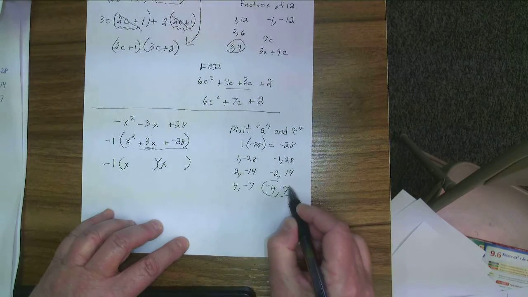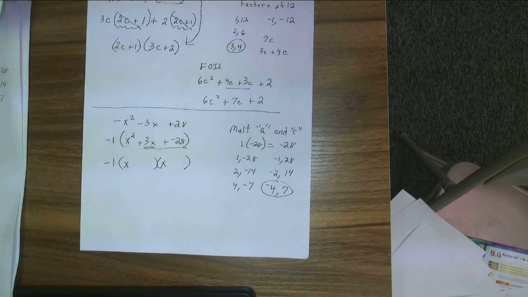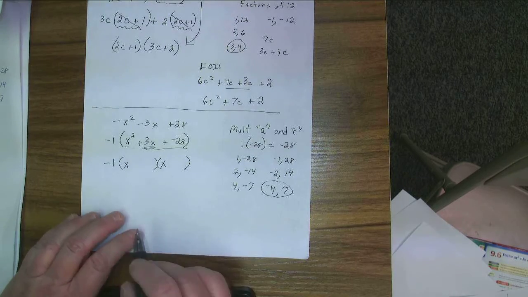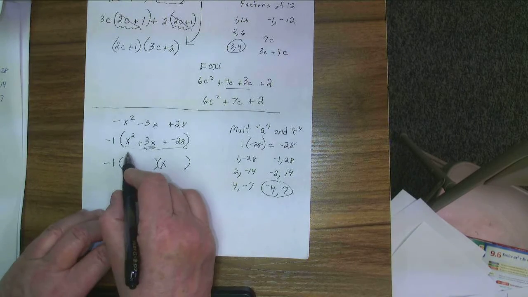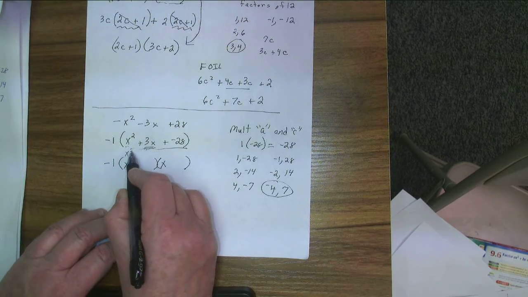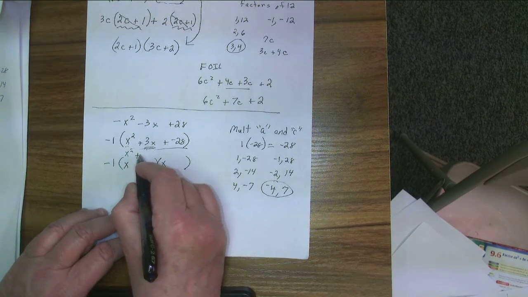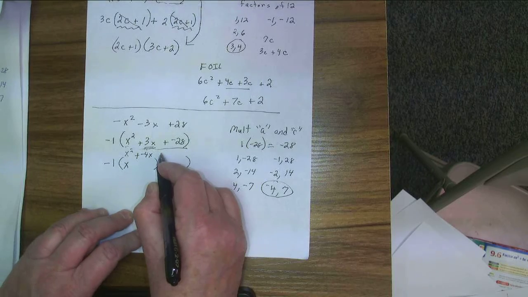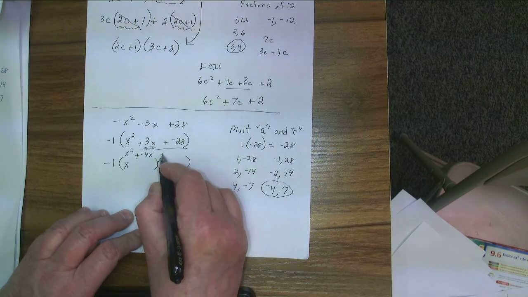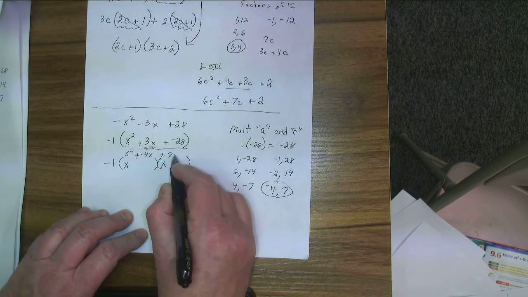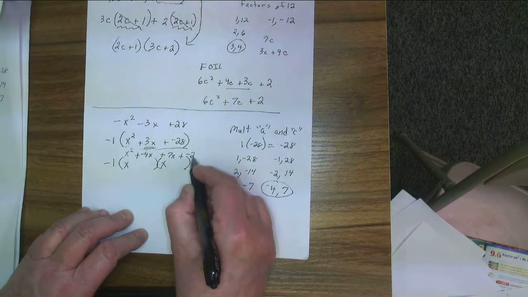That gives me a sum of positive 3, which is the middle term. So I am going to break this down into x squared plus negative 4x plus 7x plus negative 28.